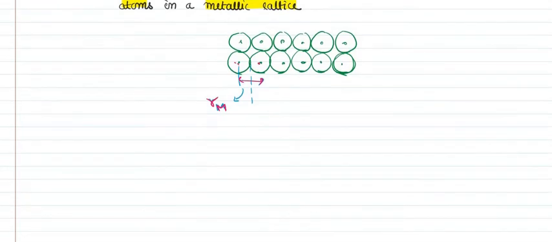Now there is a very important relation that you should never forget, like the national anthem Jana Gana Mana. R van der Waals is greater than R metallic, which is greater than R covalent.